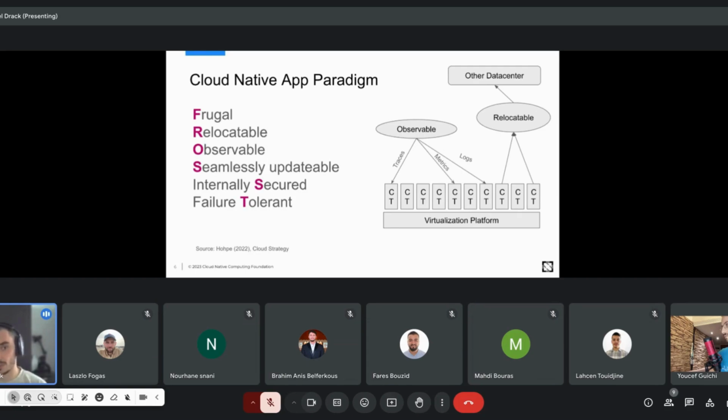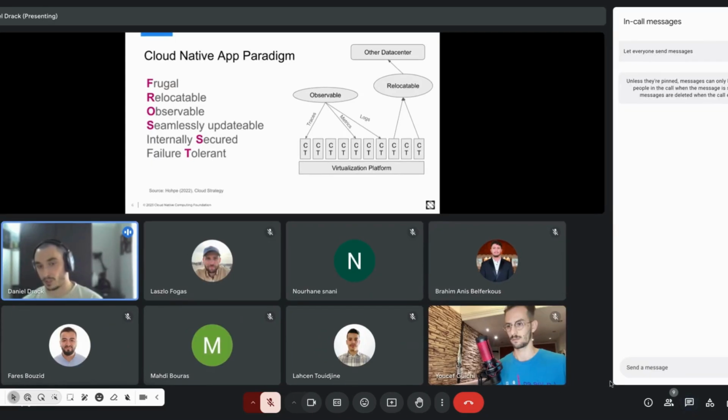No interruptions, zero downtime, seamlessly updatable from a technical point of view, but also from an application internal point of view in terms of data migrations, only small changes, as I mentioned before. So if you consider an application cloud native, you also want to be able to update it seamlessly from an infrastructure point of view, but also from an application point of view.